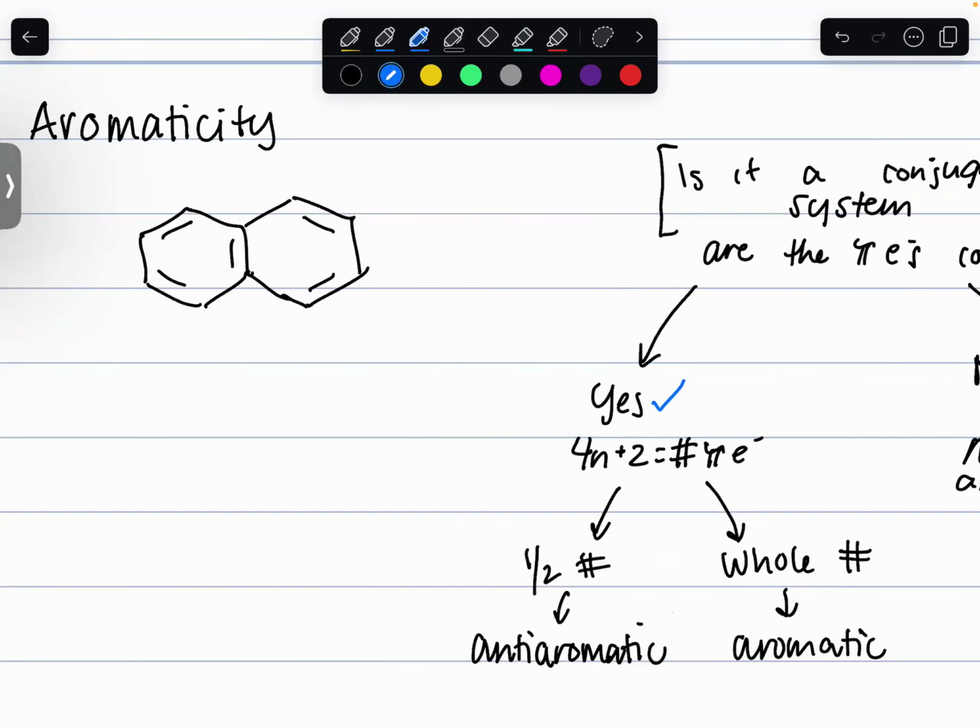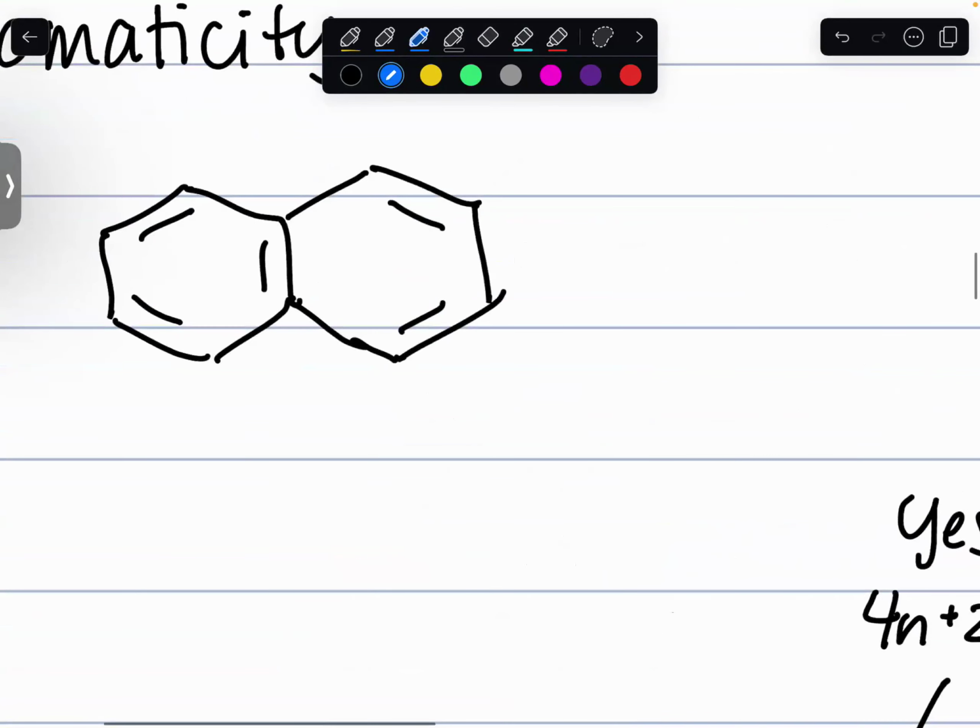Now we can count our electrons. 2, 4, 6, 8, 10. Pi electrons come from double bonds or lone pairs. So we can plug it into our equation.